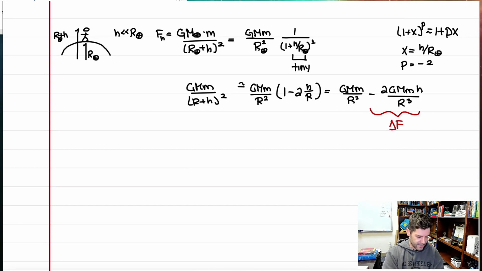You can look up the tidal force expression, and you'll notice that it looks more or less exactly like what I wrote down here as delta F. Again, the derivation comes from looking at motion relative to the surface of the Earth compared to a little bit above the surface, or in the case of tides, the motion at the center of the Earth relative to the surface, which is a distance much smaller than, say, the distance between the Earth and the Moon. So these sorts of expressions can be very, very helpful.